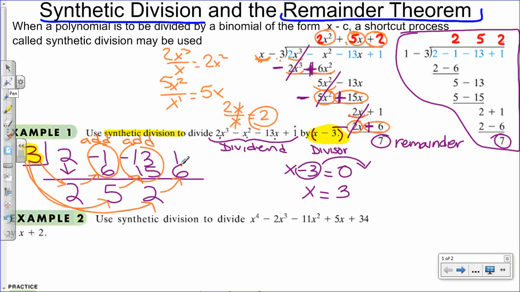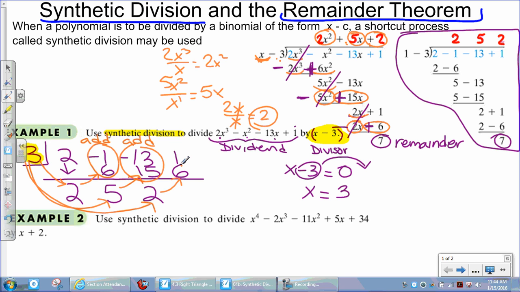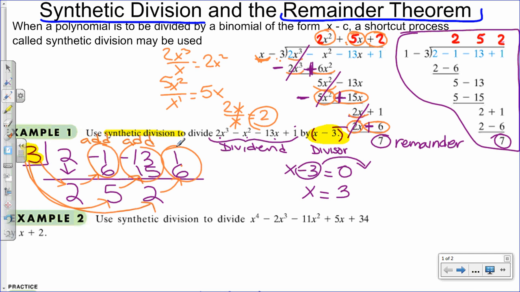And then we add again, 1 plus 6, and that is equal to 7. So this 7 here is actually the remainder, which happened to be the same remainder here.